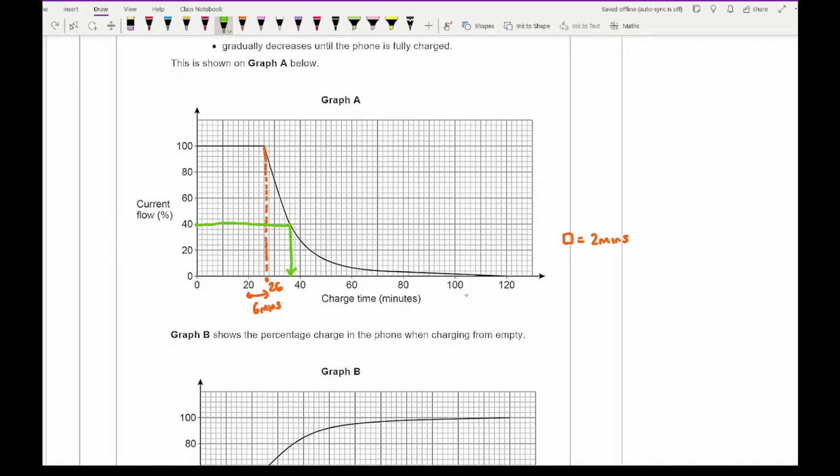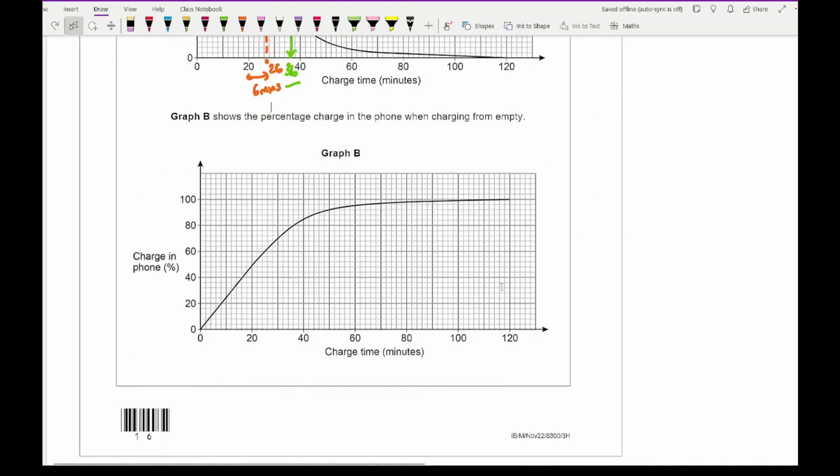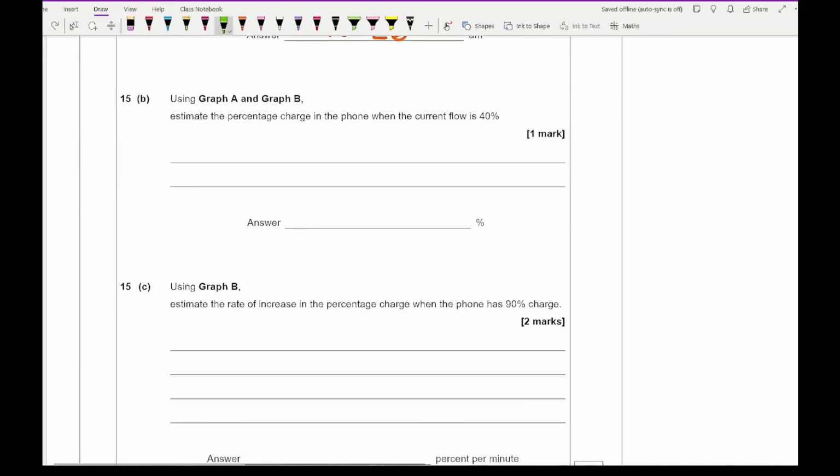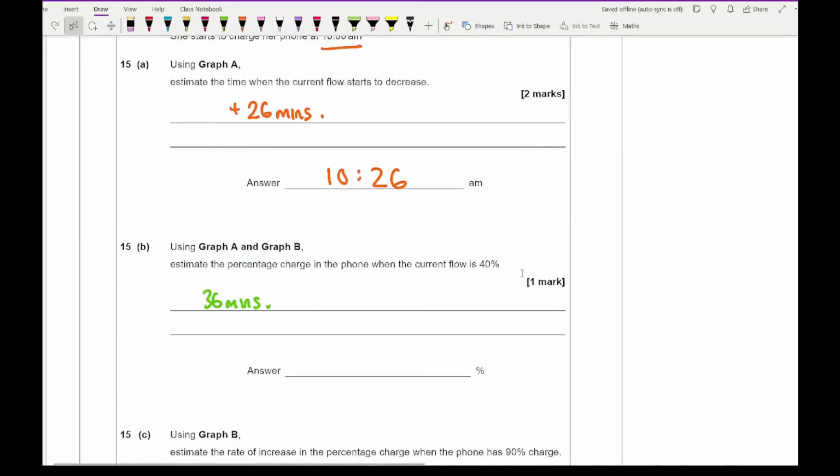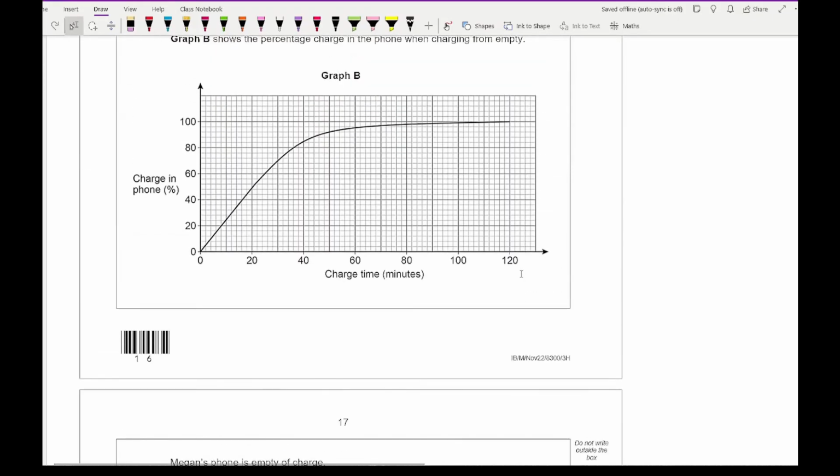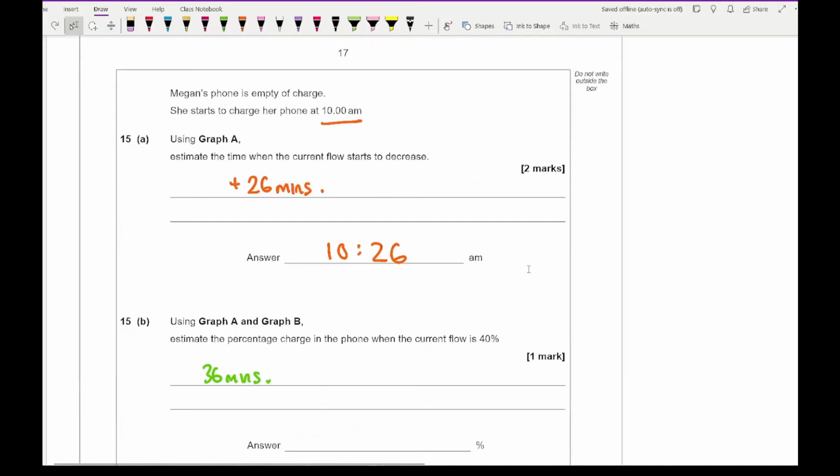So it's this point here, and that is 36 minutes. Just going to make a little note. Then we need to find 36 minutes on graph B, which is there. We project up until we hit the curve, and then we read off the charge on the phone. So that is going to be at 80.